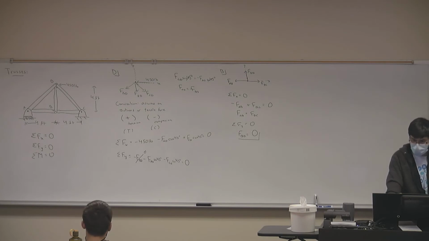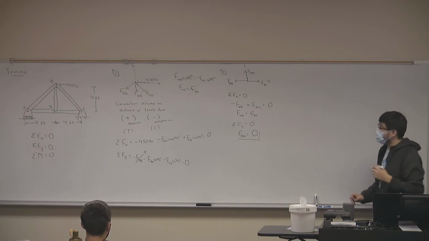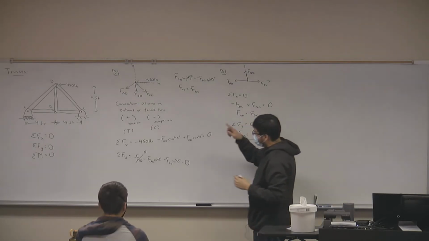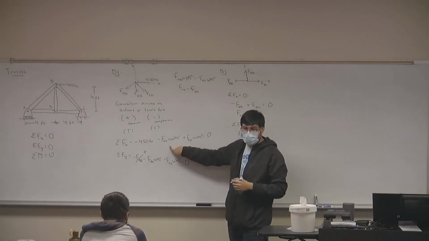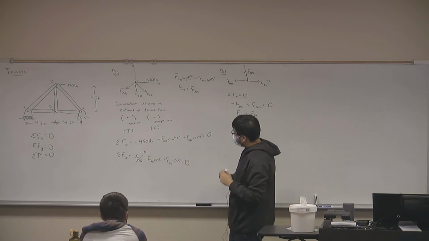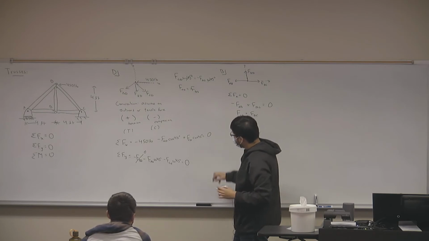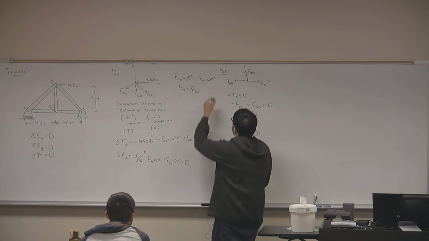So now that we have that relationship between FCD and FAD, can I plug it back into my x direction equation and find that? Yes, I can. I don't have much space on the board here, so I'm going to try my best to keep it organized.